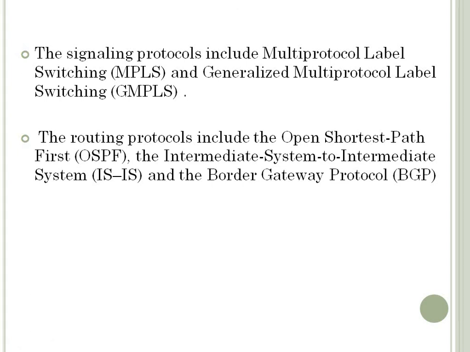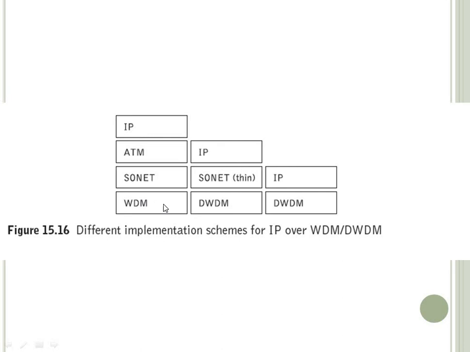So the three generic stages of deployment for optical IP networks are shown here in this figure. The first generation used ATM to carry IP packets, which is not an efficient technique compared with direct use of SDH SONET.